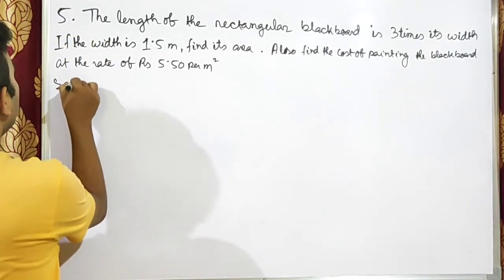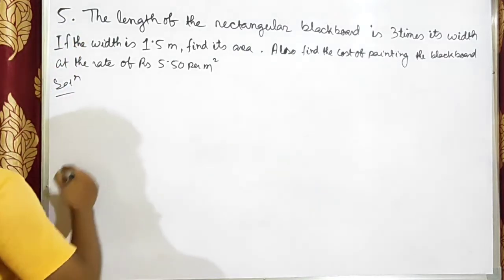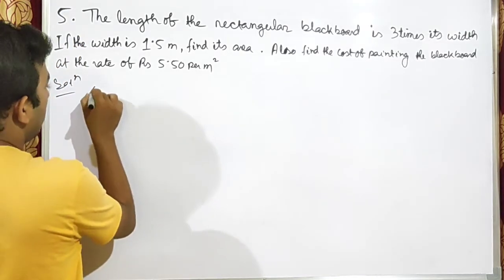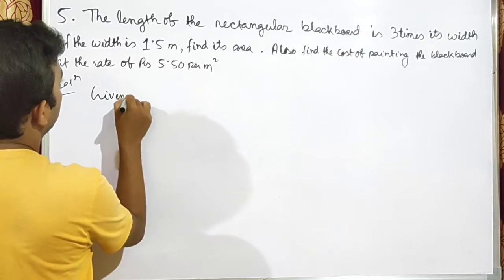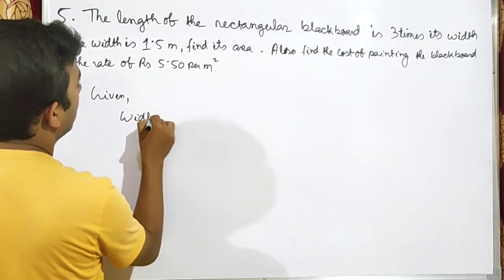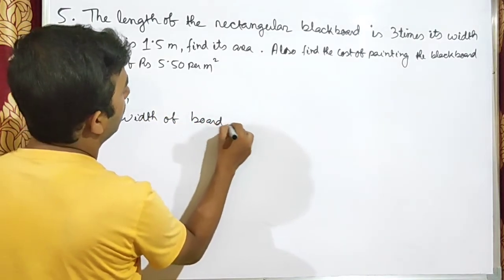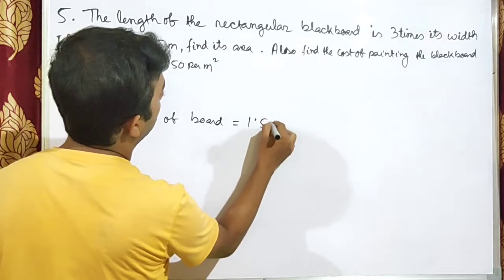So first we write: the length of the rectangular board is 3 times its width, right? Given: width, that is breadth, of board equals 1.5 meter.